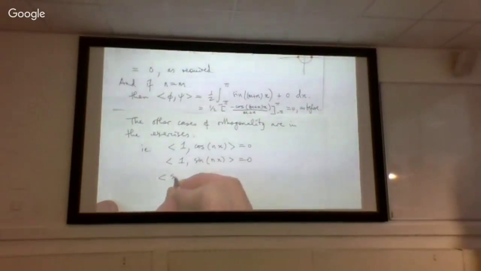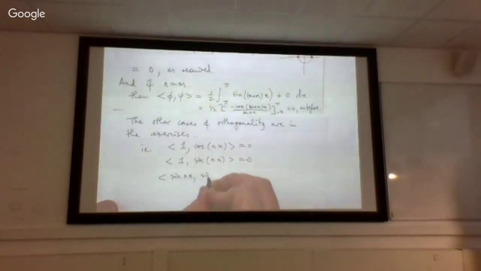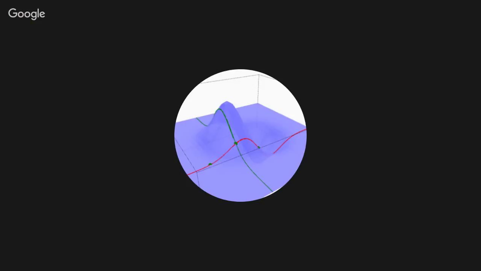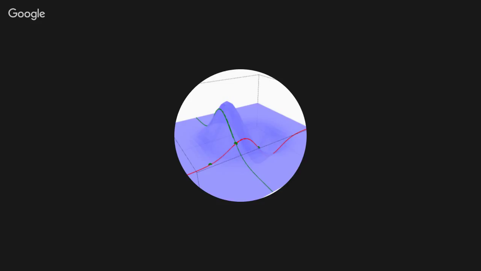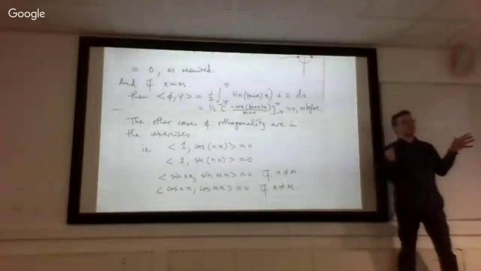You take the inner product of any sine nx with a sine, and one family of pairs where you take one of the sine functions and one of the cosine functions.